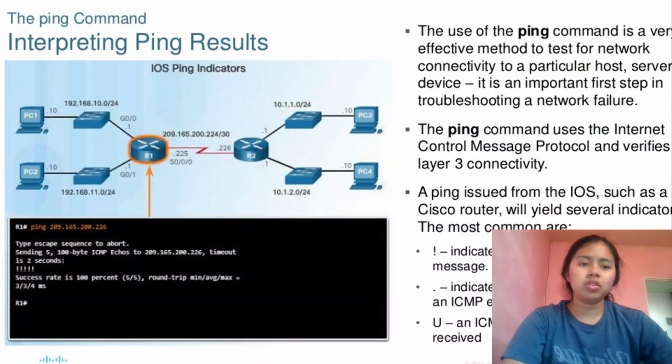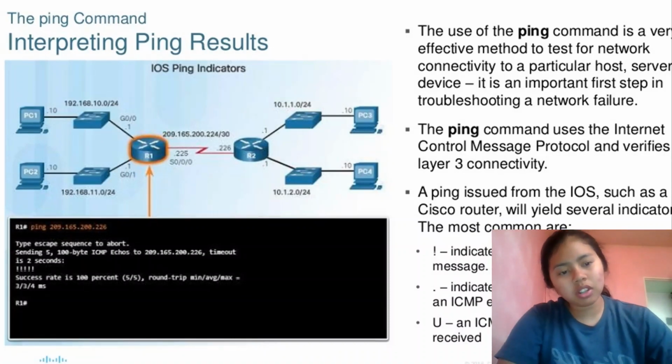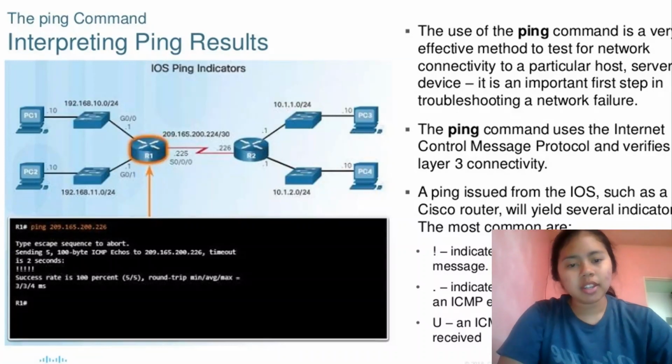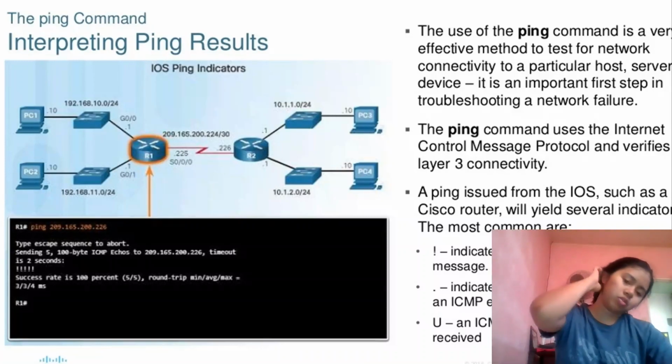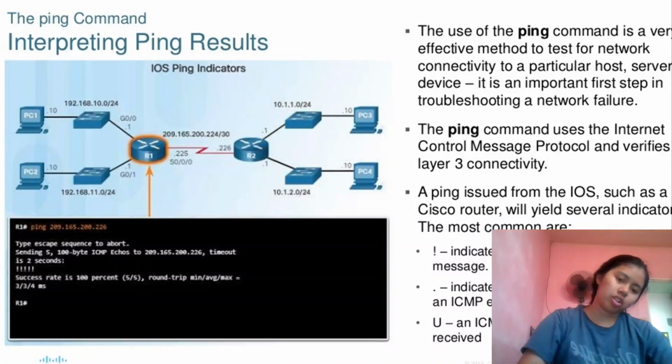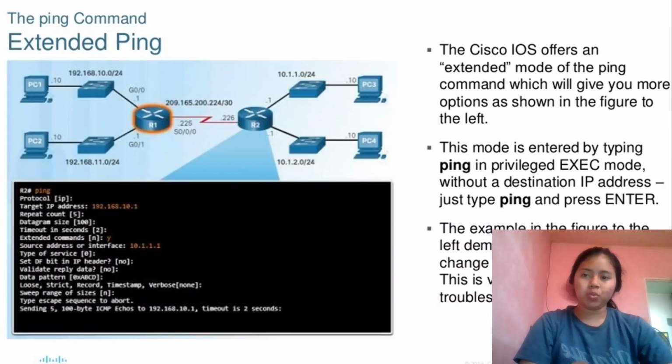The ping command uses the Internet Control Message Protocol and verifies layer 3 connectivity. A ping issued from the IOS, such as on a Cisco router, can yield several indicators. The most common are the exclamation point, the period, and U.